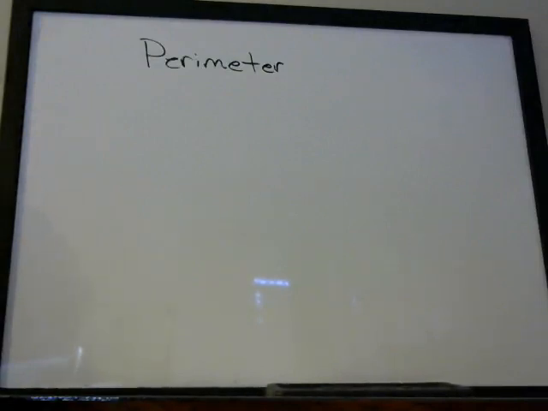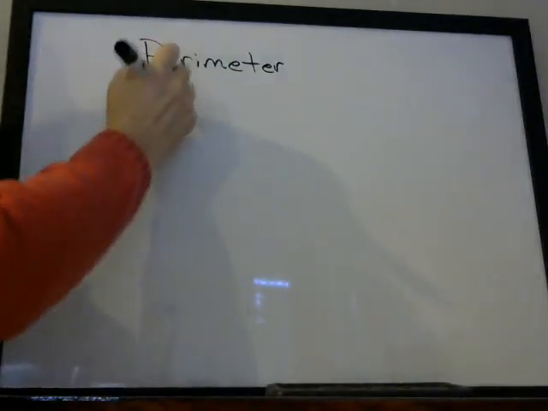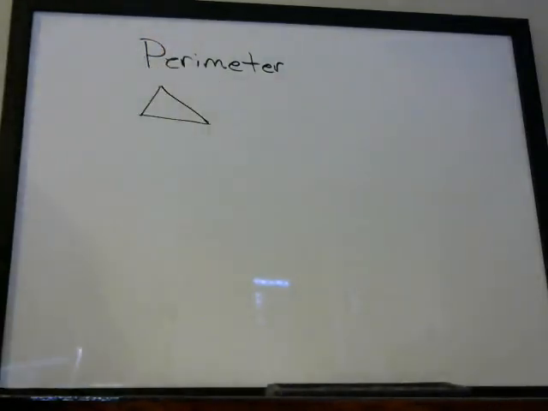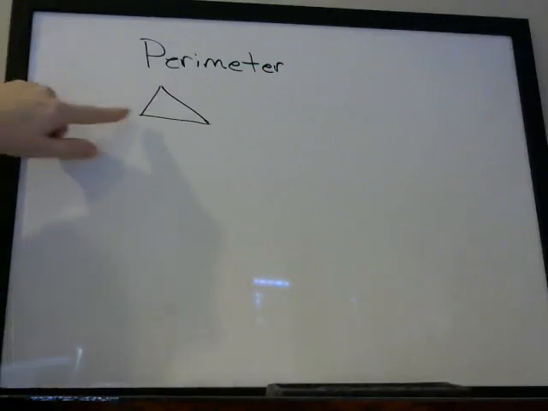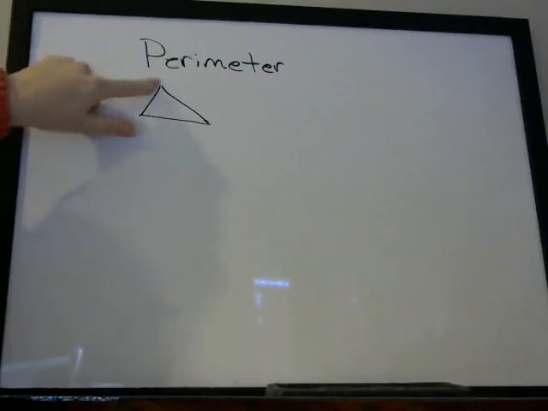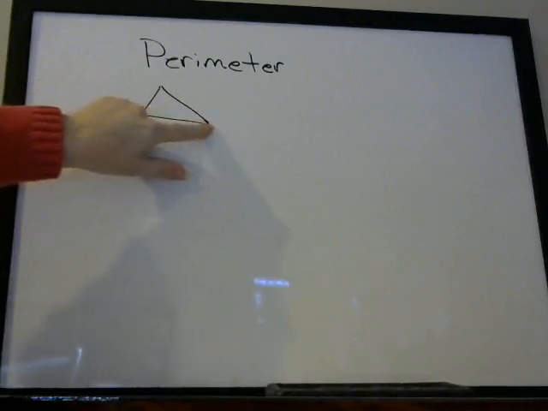So, for example, let's say you had a garden and you made it in the shape of a triangle. And you wanted to know how much fence you need to put around the garden. What's the length of the amount of fence that you need? So intuitively, I think you would probably just know to add the length of this side, that's how much fence you need on that side, the length of that side, and the length of that side.